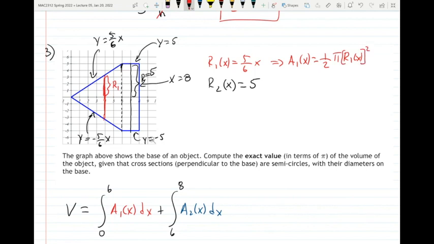I'm confused on how you got... What do you mean? That's the diameter. Uh-huh. Because the problem says the diameter is what you see, so half of it is the radius. The picture is symmetric, so if you want, you do top minus bottom divided by 2. But because we see that the picture is symmetric, the top half is given by the value of the function. So it's just that equation, 5 over 6x.